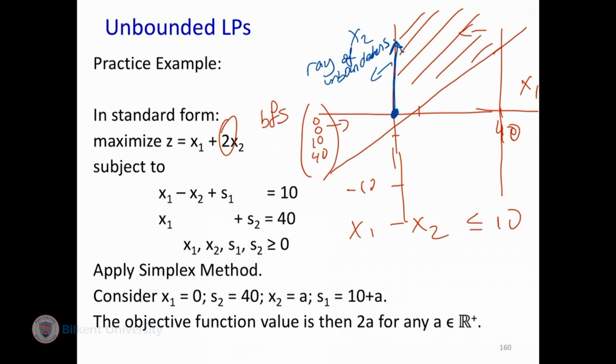Okay, so how did you get that ray? If you go back to your tableau, you look at the entering variable, which is x2. You look at how S1 and S2 change with respect to your entering variable. How do they change? S1 is going to be 10 plus x2. S2 is not going to be affected by x2.